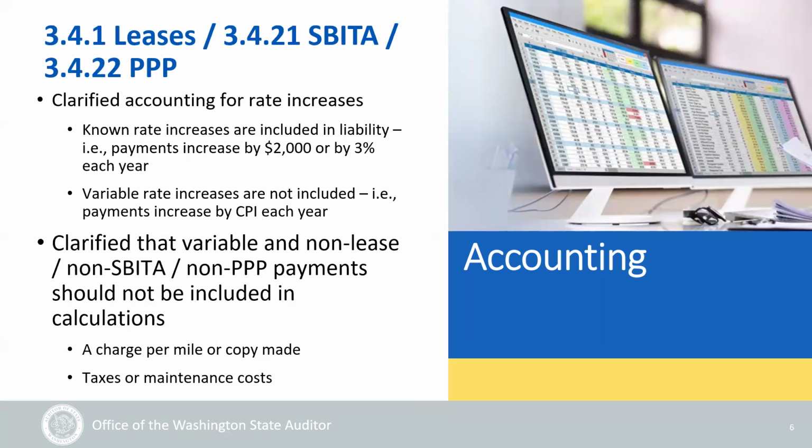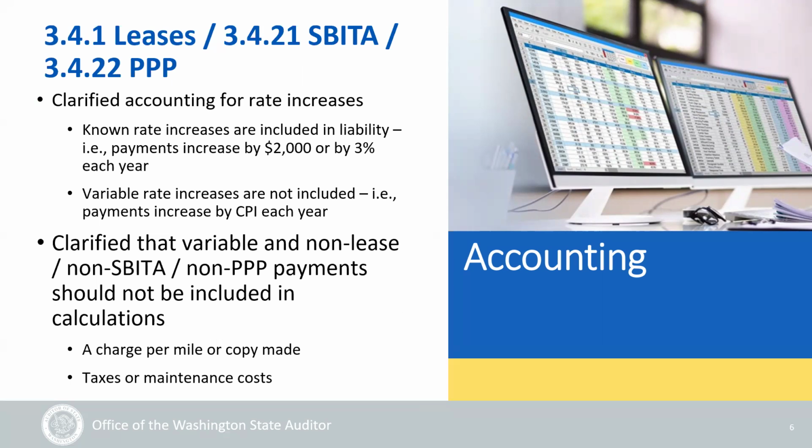We do have some updates to leases, SBITAs, and P3s. We have clarified accounting for rate increases. If the rate increases are known, it is included in the liability since it can be calculated.